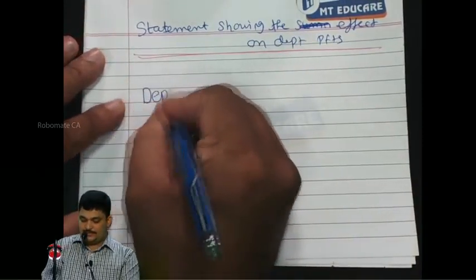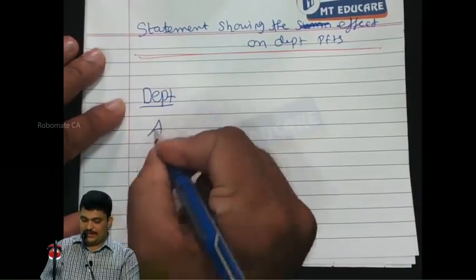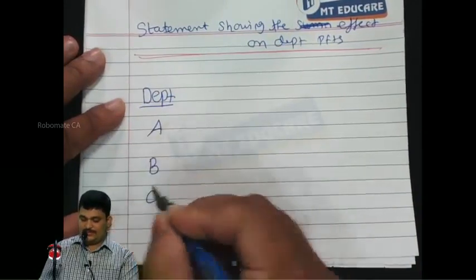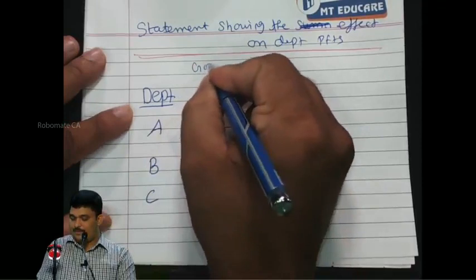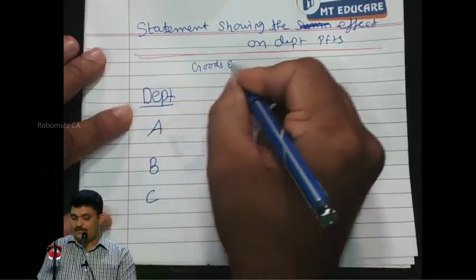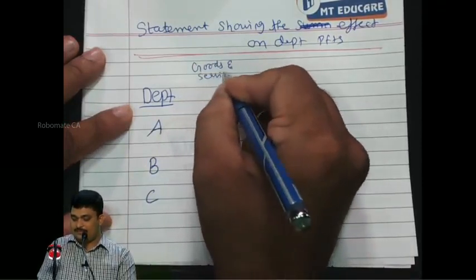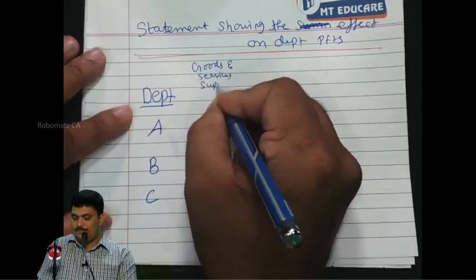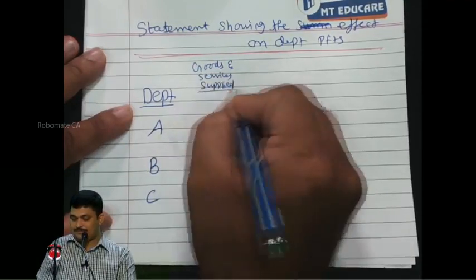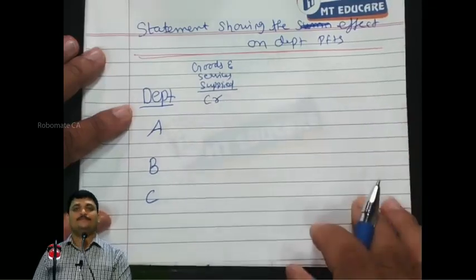Department A, B, C. Goods and services supplied, credit.